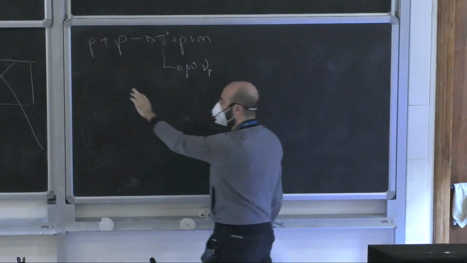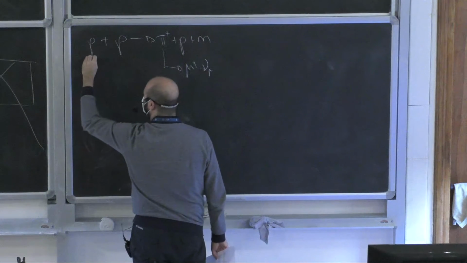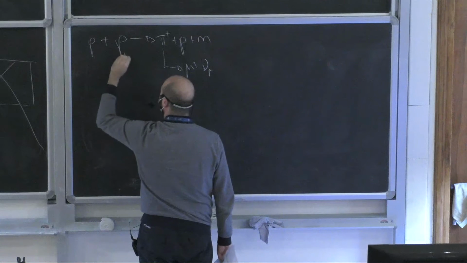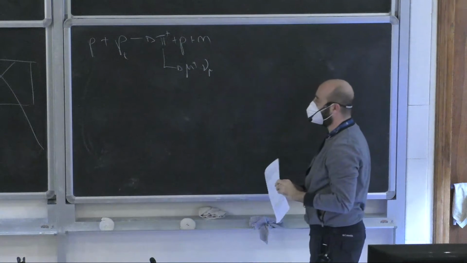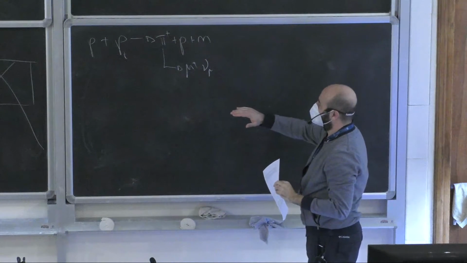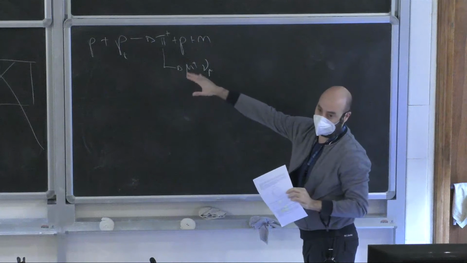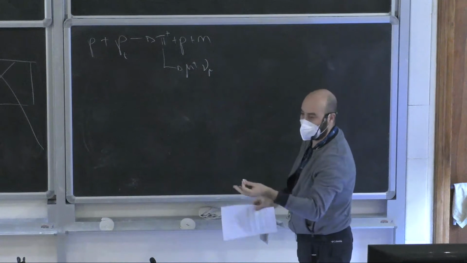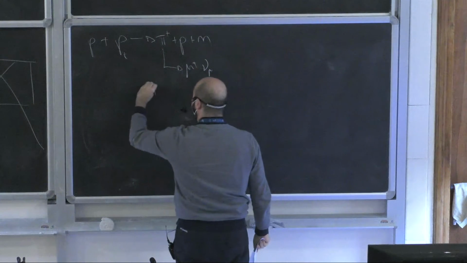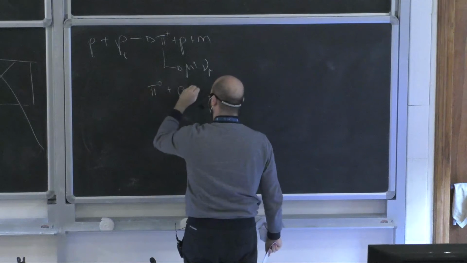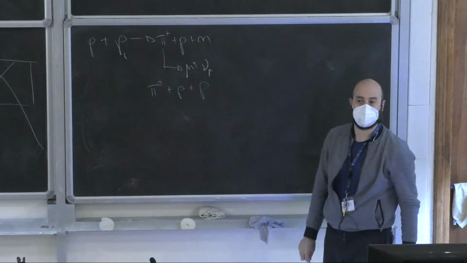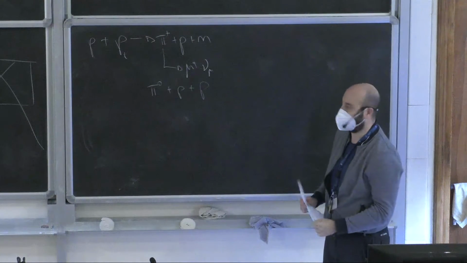I will use protons. Let's say this is a high energy proton hitting some target that is being produced. Whenever you have this process, typically you also have processes like pi 0, proton, proton. So you see a pattern here.